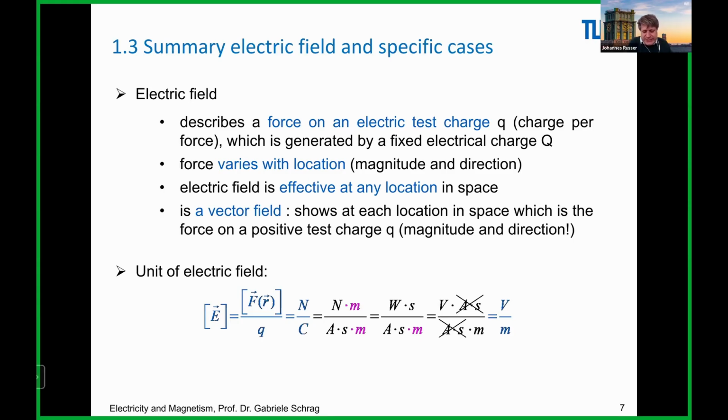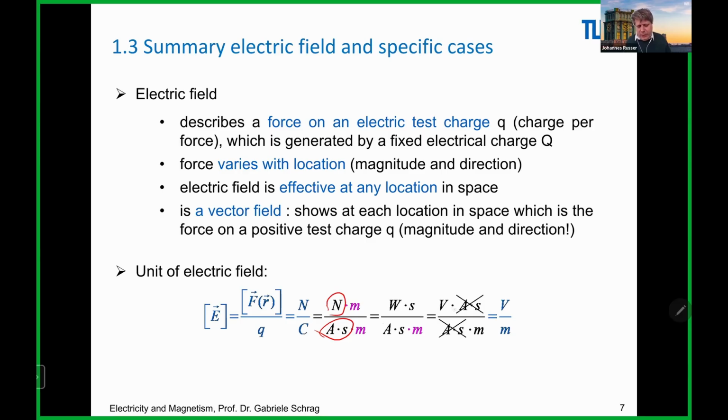So that means we have Newton here, divided by Coulomb, and Coulomb is ampere times second. So we can expand on each side by meters. Newton meters is watt times seconds. So it's watt times seconds divided by ampere seconds times meter.